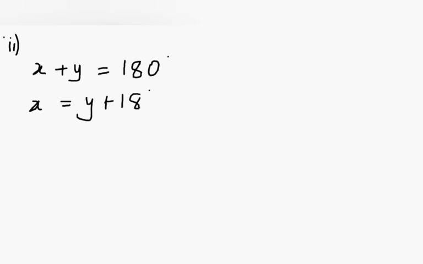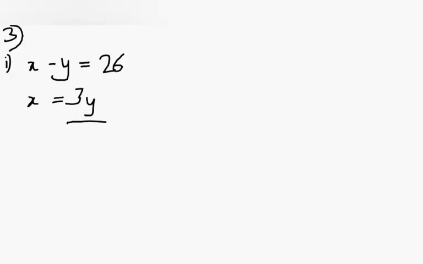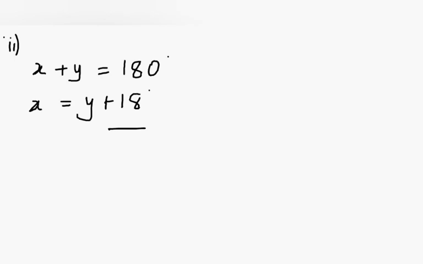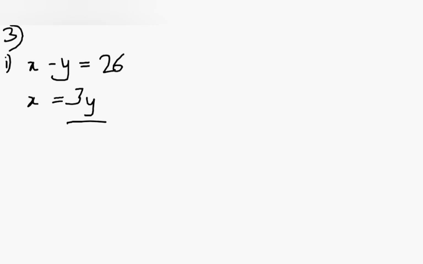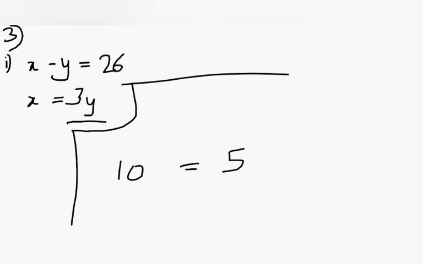So why am I always adding or multiplying the numbers on the smaller number's side? If you have seen my previous video, I have explained it to you. See, if x is equal to 10 and y is equal to 5, not in this case, I am just explaining it to you.